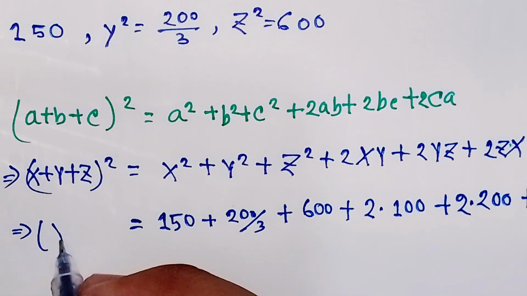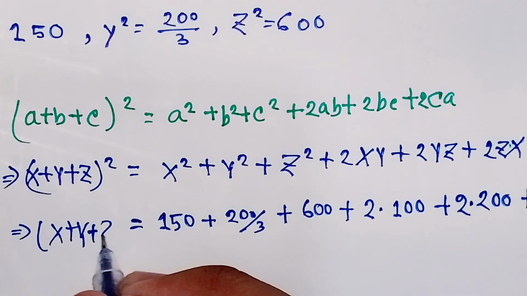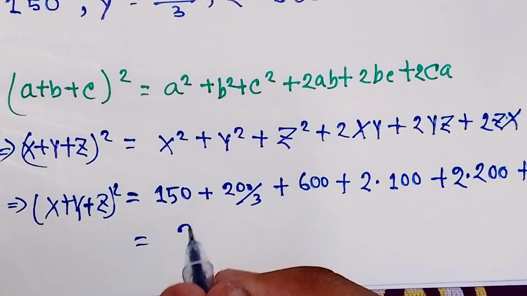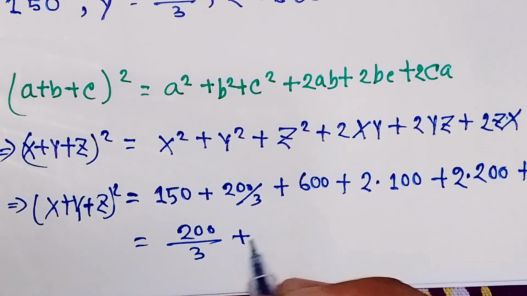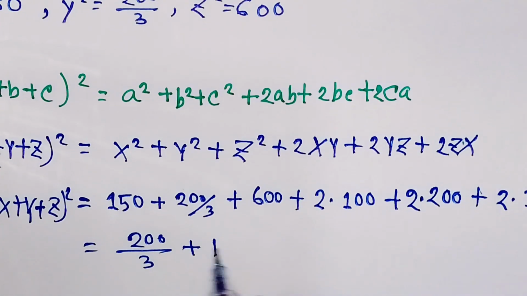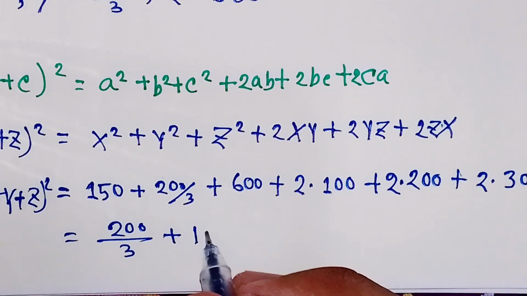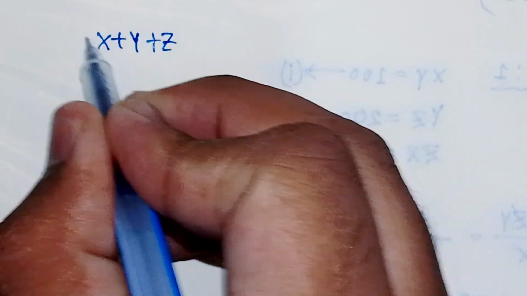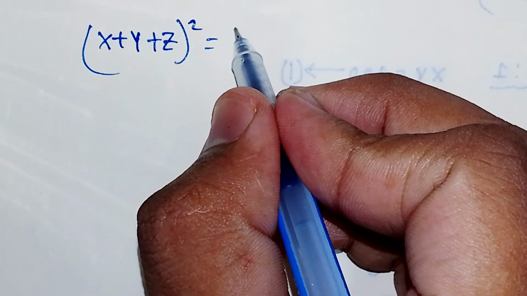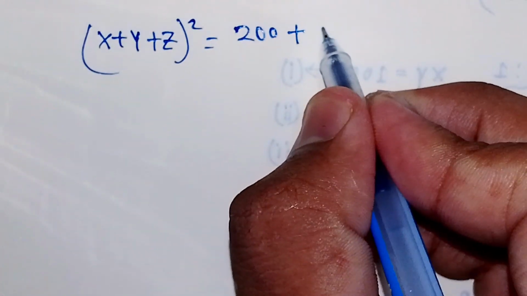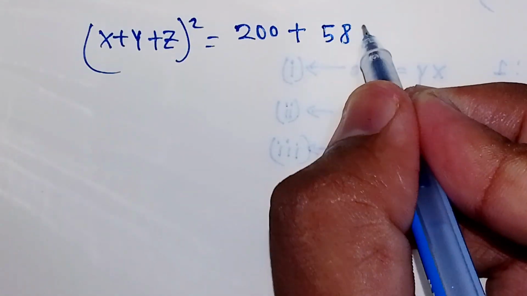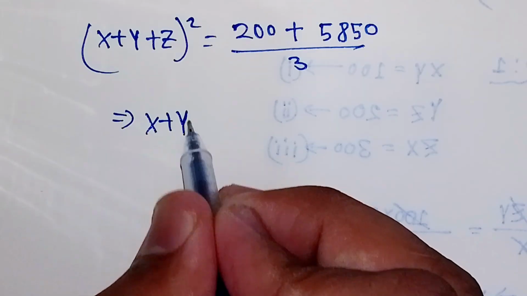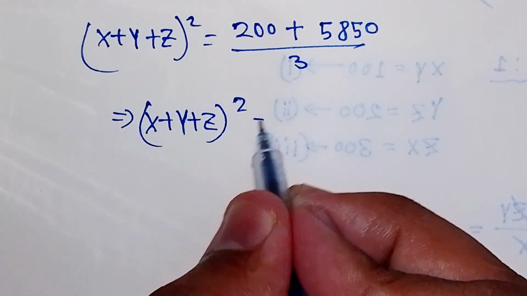And we can write x plus y plus z whole square equals 200 divided by 3 plus all of this. Then x plus y plus z whole square equals 200 plus 5850 divided by 3.